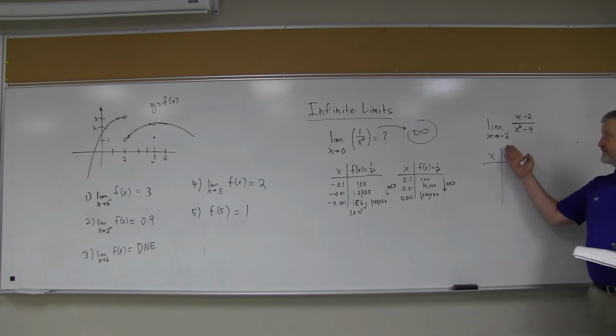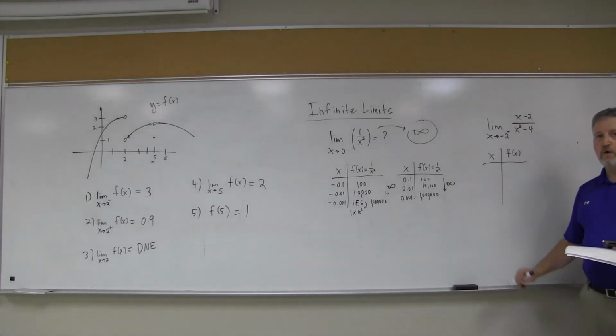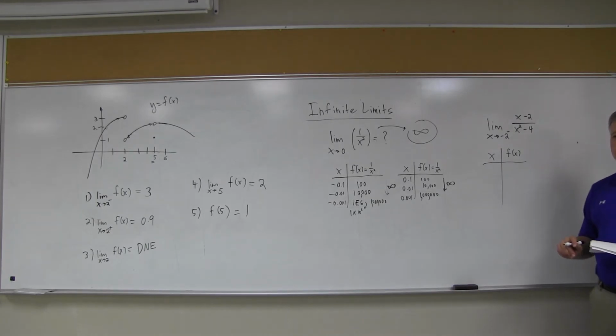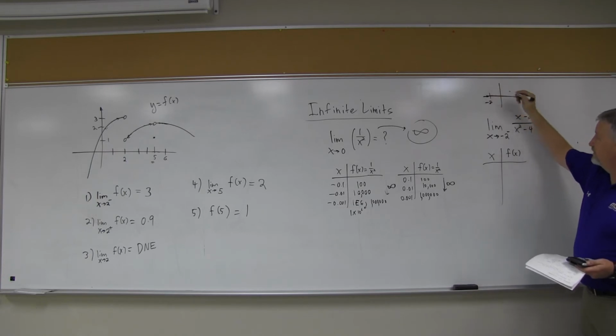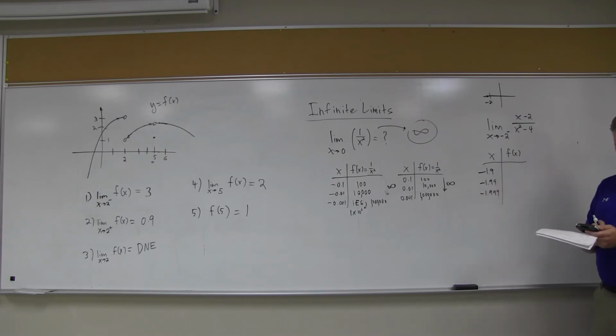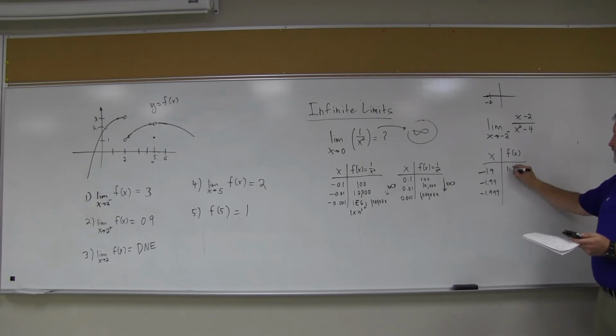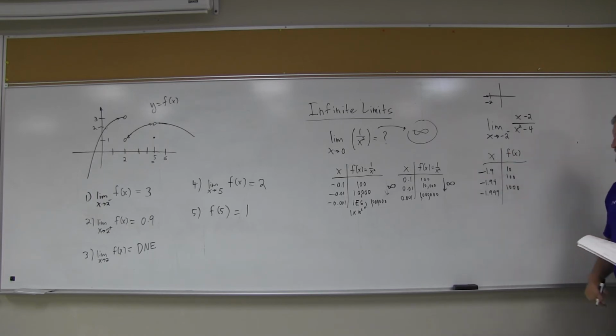All right, so what values, if I want to approach -2 from the left, what values would you be looking at there? So -2, I want to approach from the left. -1.9, -1.99, -1.999. Try those. Okay, so looks like those are going to infinity also. Not as quickly as that one, but yeah, it looks like those go to infinity.